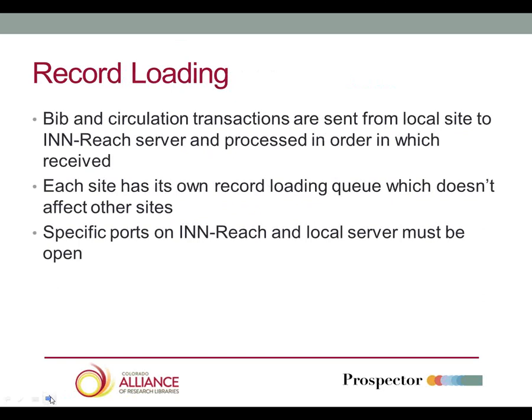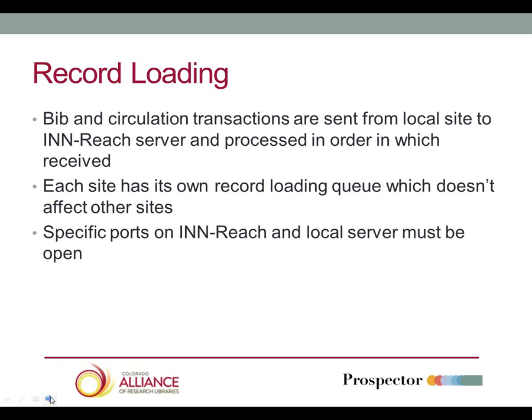So, more about the bib record loading process. What we're getting from local sites are the bib records and the circulation transactions. So when something's checked out, all those various statuses, in transit, all of that information, is sent to the central catalog. The other thing is each site has its own loading queue.